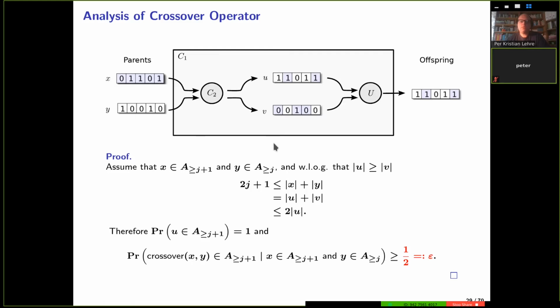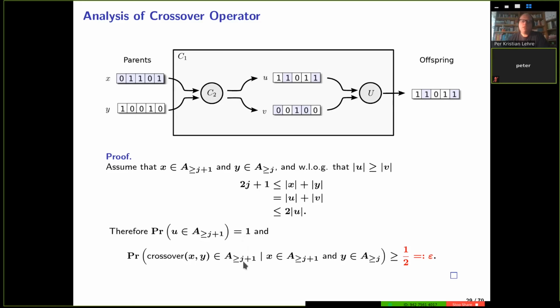So this means that if we take crossover between two parents, one with at least j 1 bits and the other with at least j plus 1 bits, then with probability 1, the fittest of the offspring will belong to j plus 1.